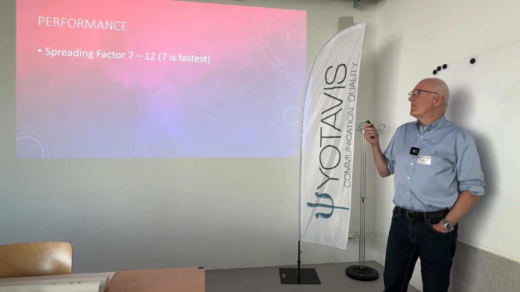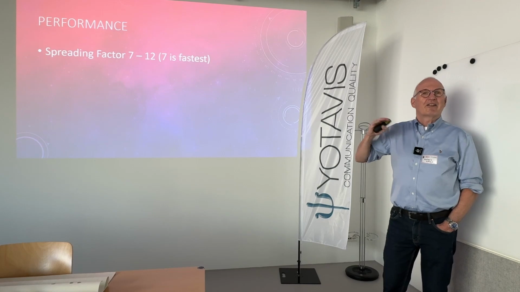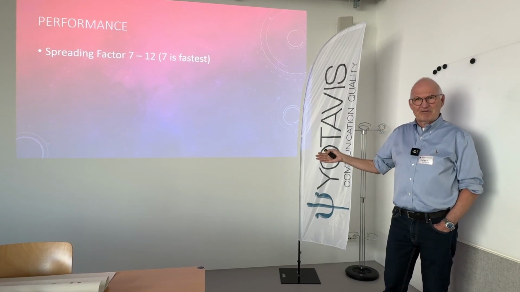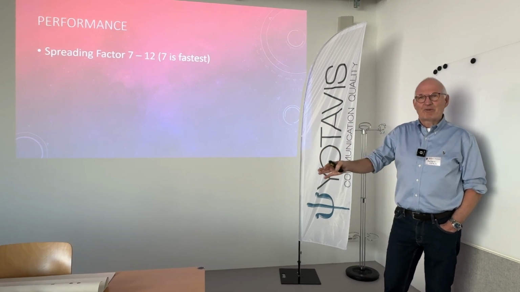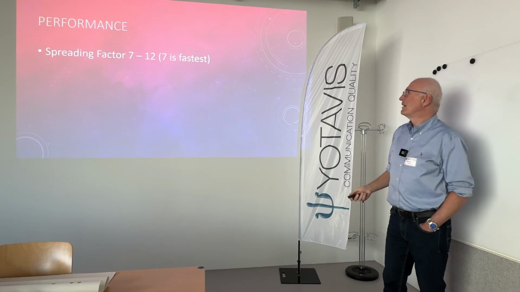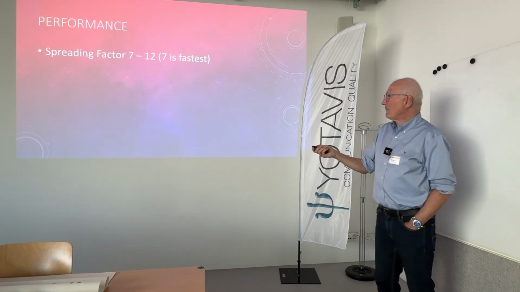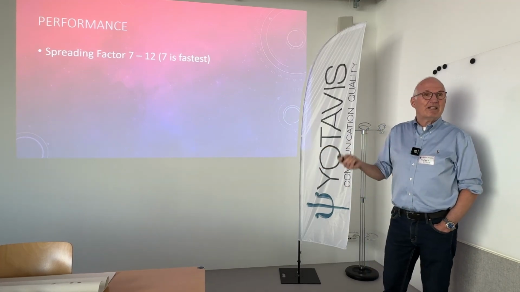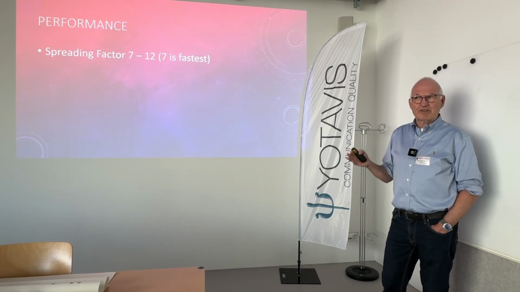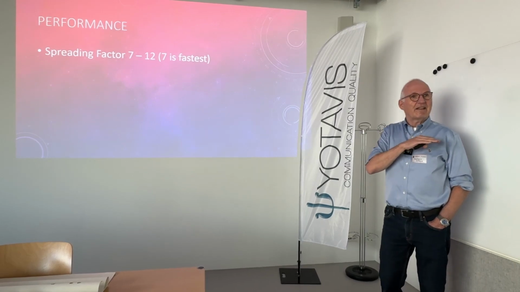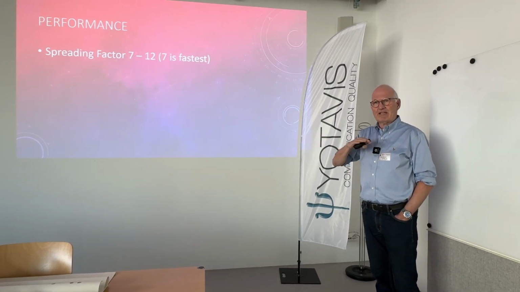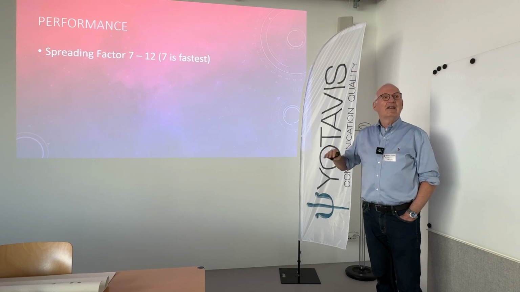But the range is the best with 12 and the worst with 7. So you decide basically which spreading factor your sensor uses. A gateway can listen to all spreading factors.